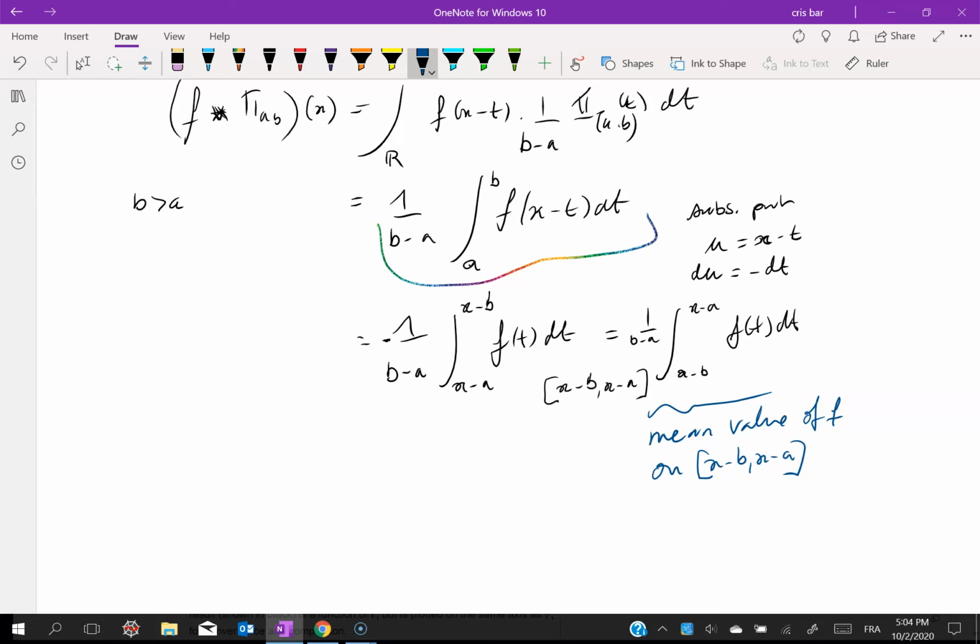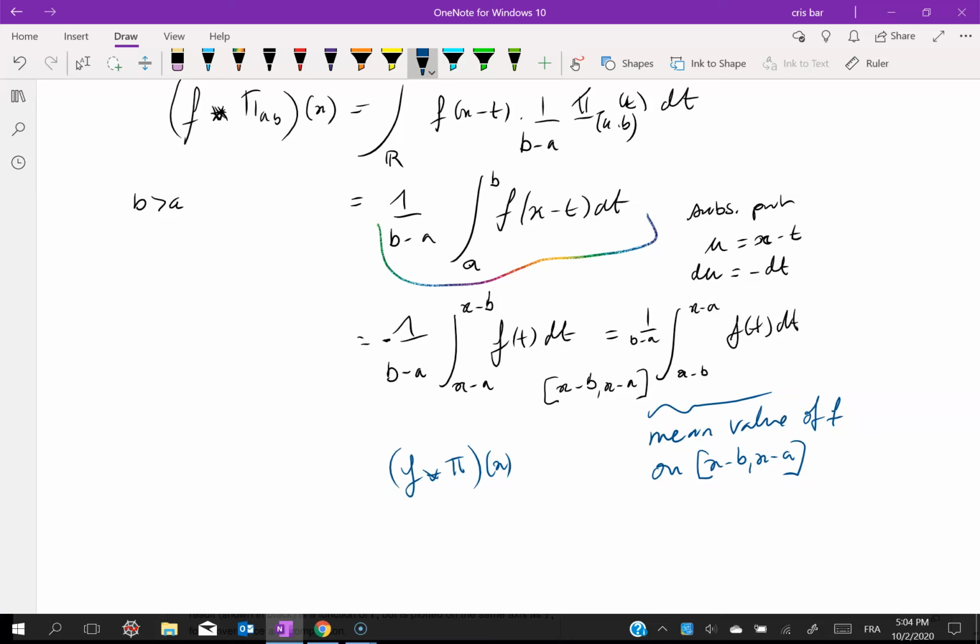The value of the convolution of f with my gate function at each point x is given by the mean value of the function f on an interval of size b minus a centered around x.